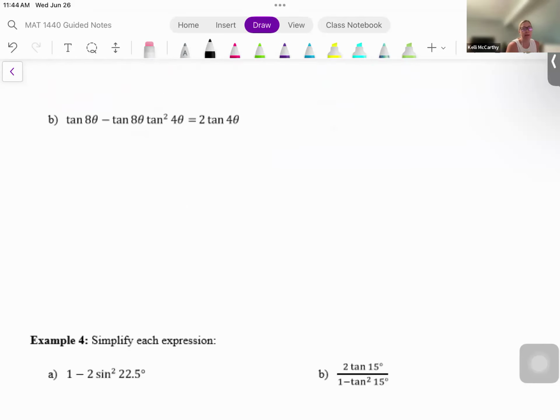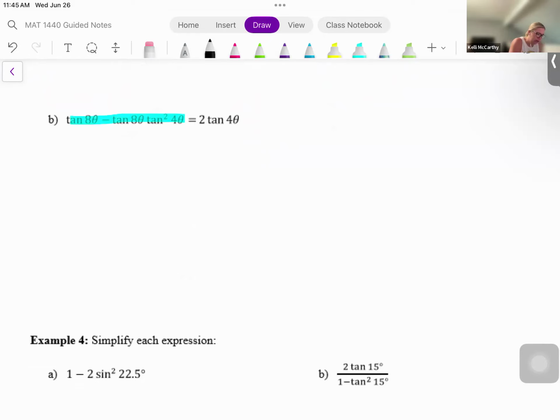Verify that tangent 8 theta minus tangent 8 theta tangent squared of 4 theta is equal to 2 tangent 4 theta. Looking at this, the left-hand side again looks a little bit more complicated, so let's start working with that.